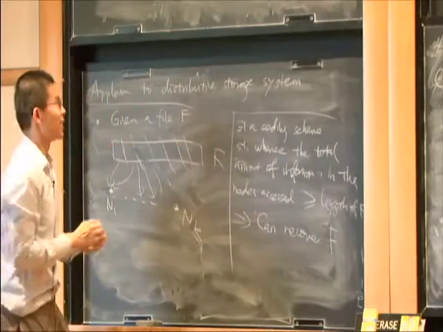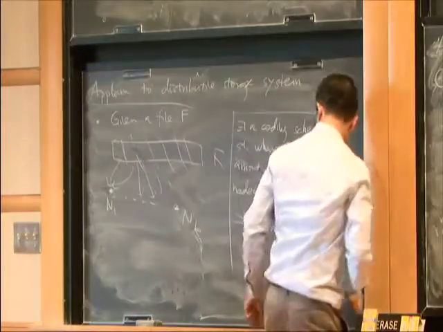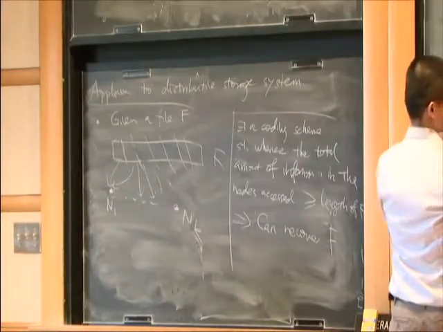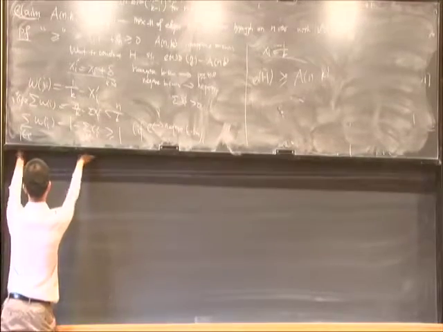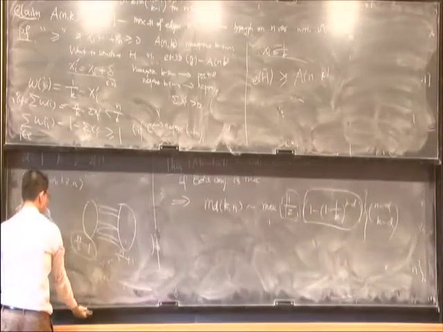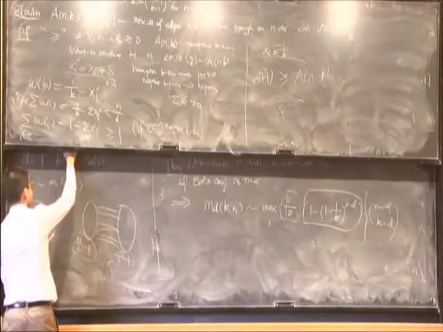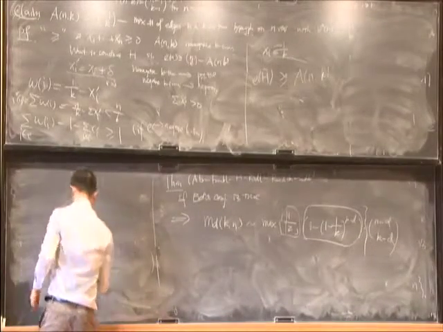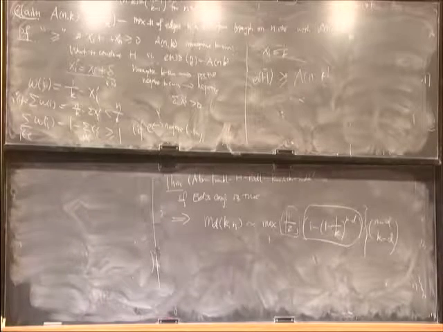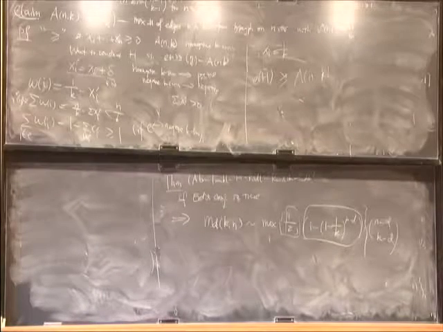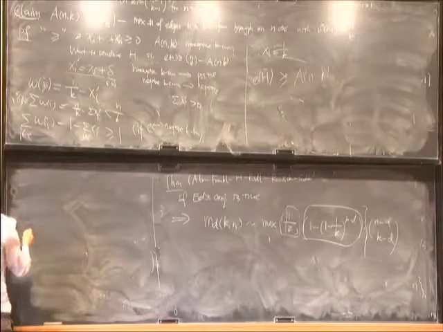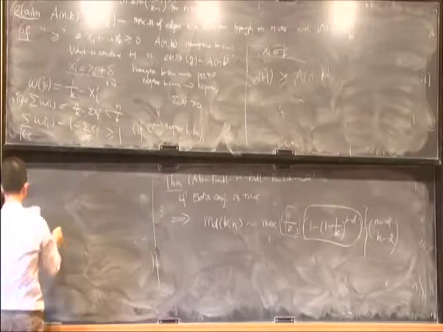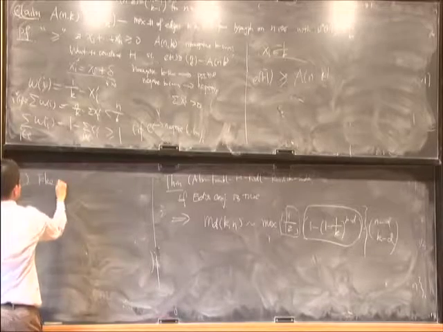So now there are two different kinds of models about how you access these nodes.